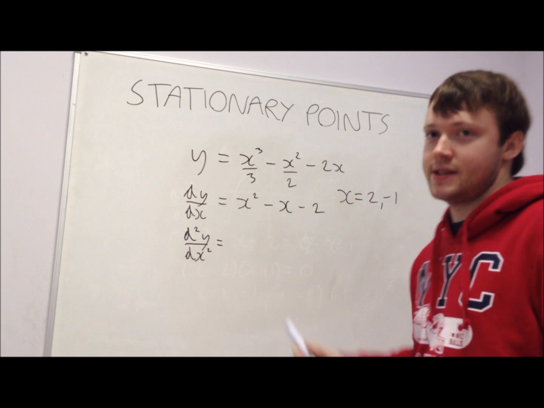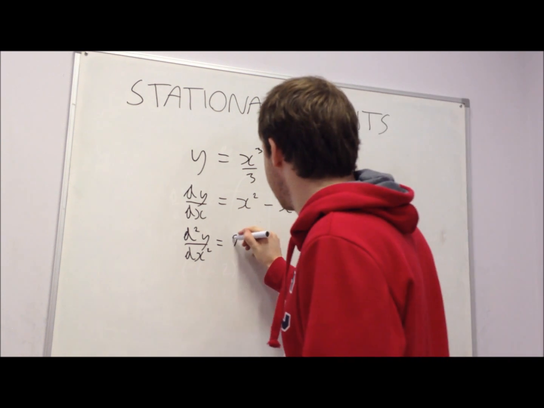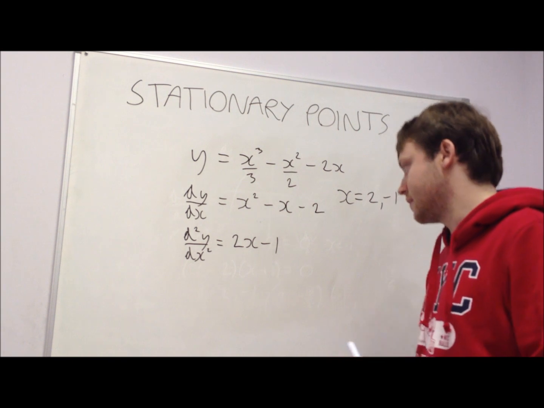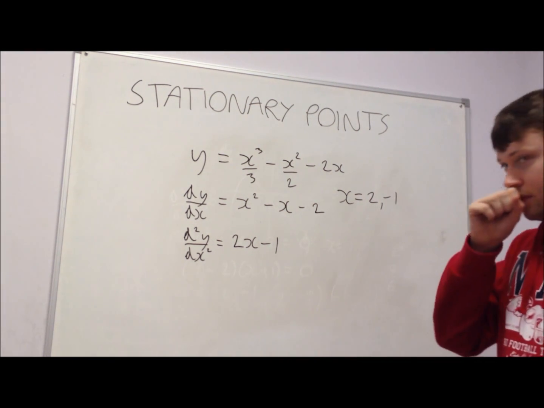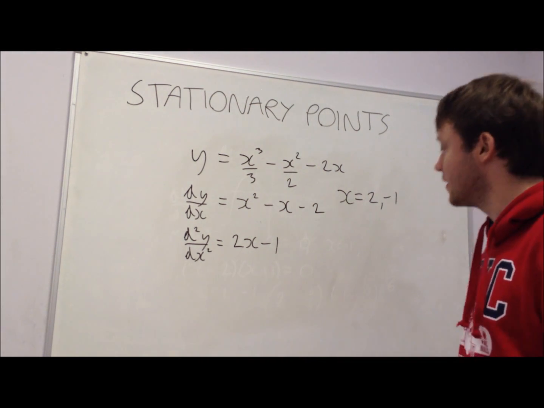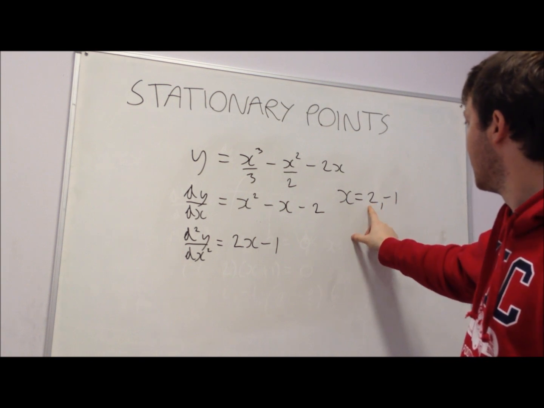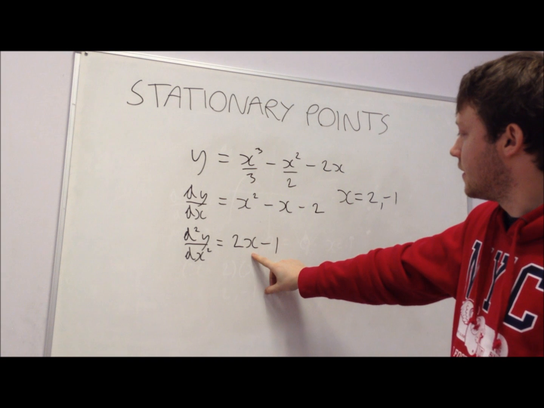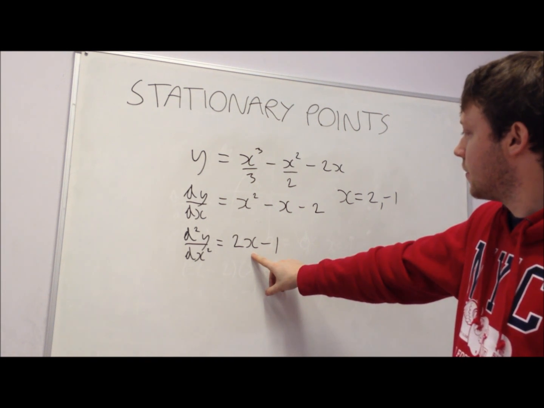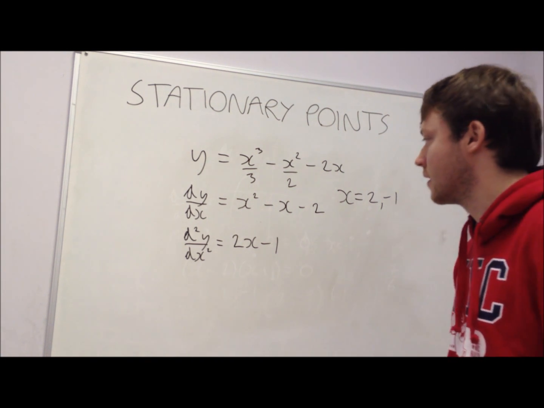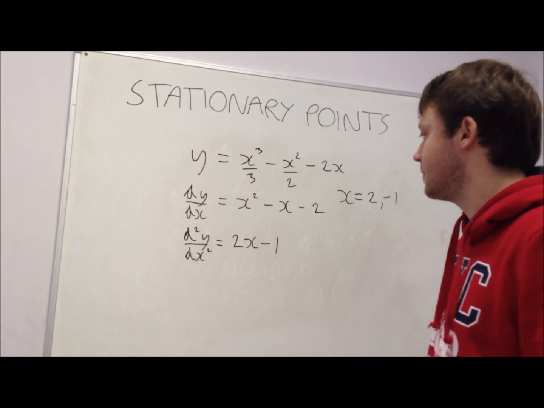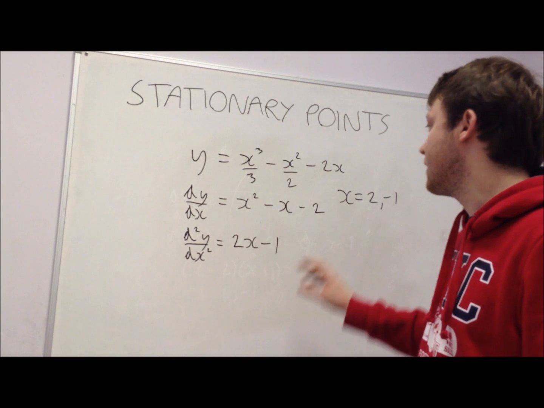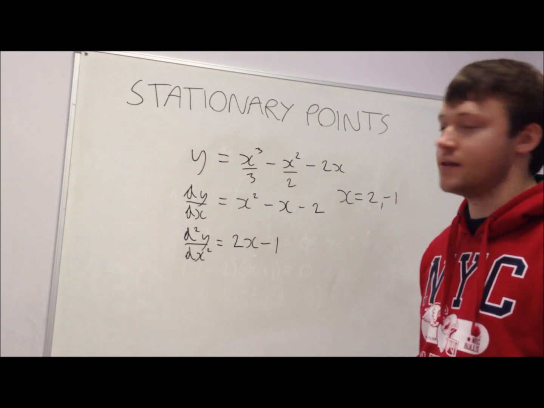And then just differentiate normally, so this becomes 2x, this becomes 1, and then you omit the constant as normal. And so now it's as simple as subbing in our x coordinates for our stationary points to this equation here, which is just our rate of change of gradient, to find out what value we have for the rate of change of gradient at the coordinates of each stationary point.